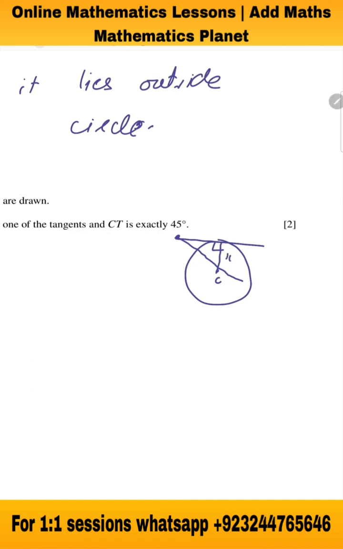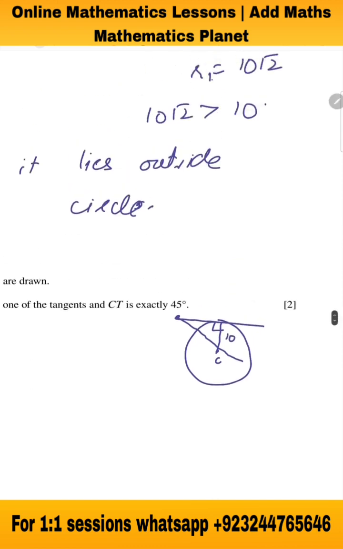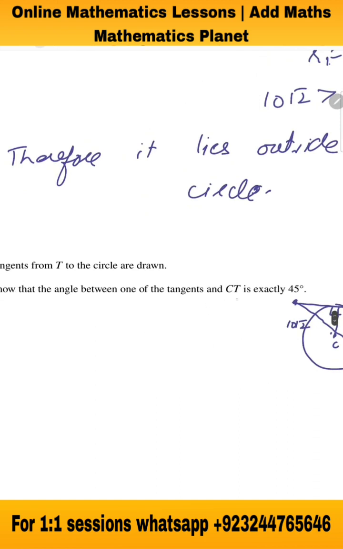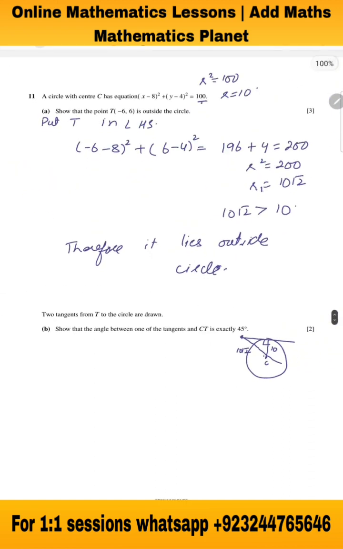The radius of the circle is 10, and the distance from T to the center is 10 square root 2. So we need to show that the angle between one of the tangents and CT is exactly 45 degrees.